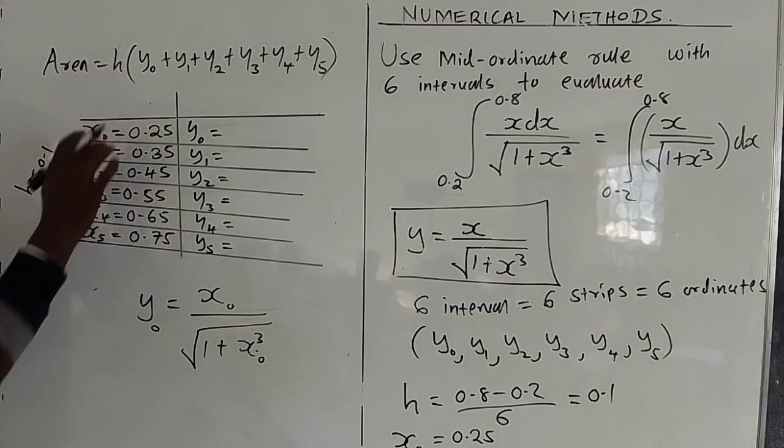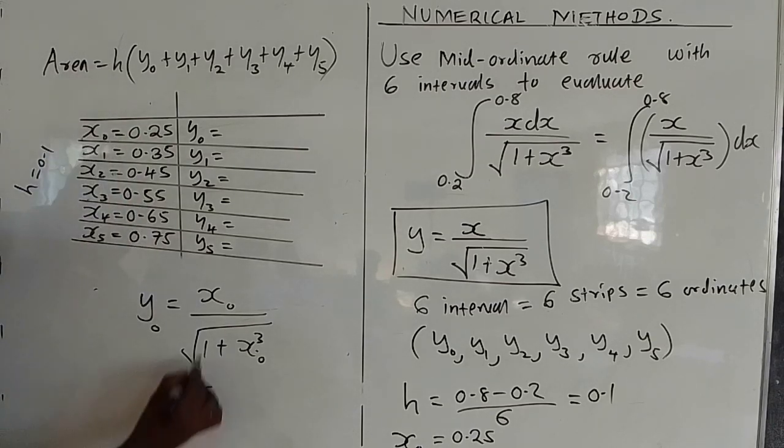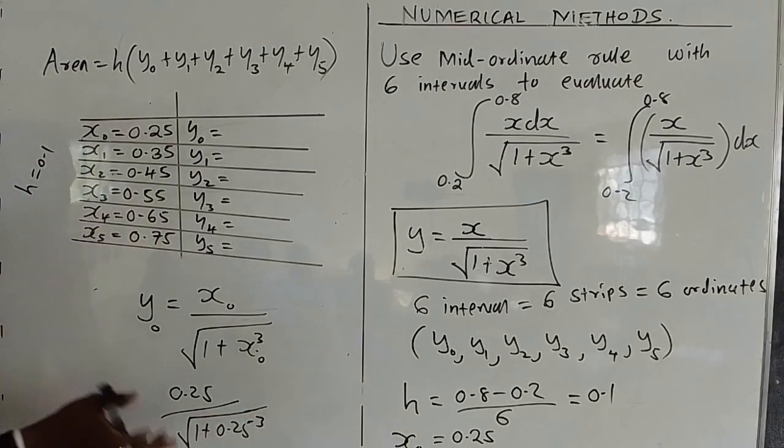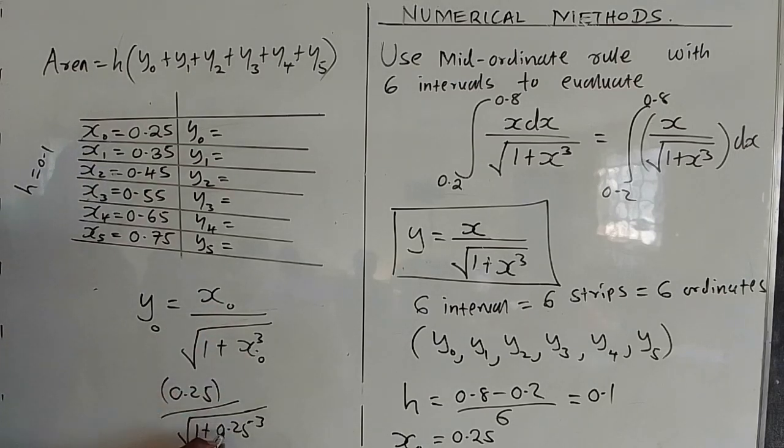So start, x naught is 0.25 over square root of 1 plus 0.25 cube. You get the answer. Where there is x naught, you substitute the value of x naught. And you know every time you substitute something, you bracket. You don't have to calculate when you're doing numerical methods.